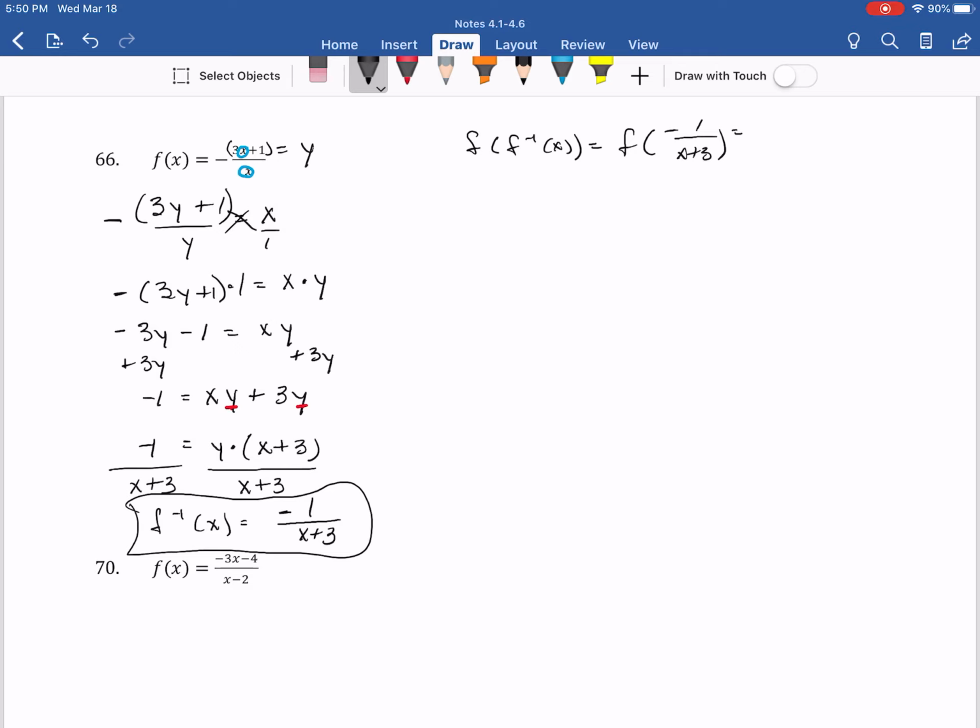So that is going to look like the opposite of 3 times negative 1 over x plus 3 plus 1 all over negative 1 over x plus 3. Now you can see it better. Now it's just a matter of simplifying. This should give you x for your answer when it's all simplified.